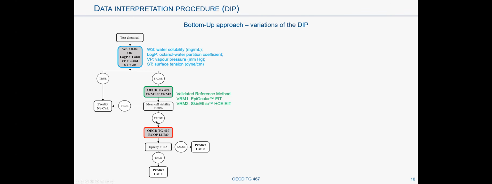If it's less than 60%, then you continue with the OECD TG 437, the BCOP LLBO. And if the opacity is bigger than 145, then the chemical is predicted category 1. If it is less than 145, then the liquid is predicted category 2.